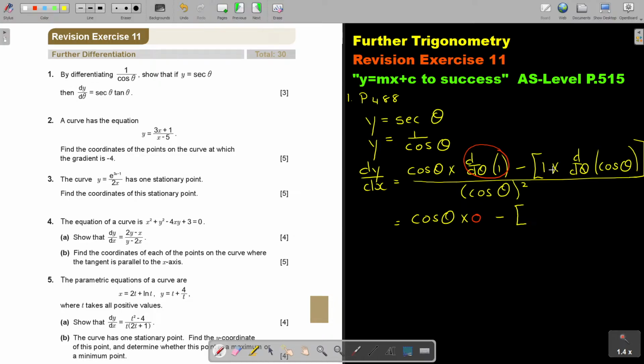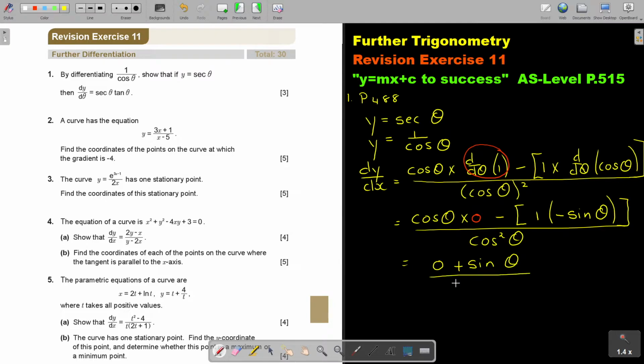Minus the 1, and then cos, if I differentiate that, it's just going to be negative sin theta, over cos squared theta. As soon as you multiply with 0, it's 0. And a negative times a negative is positive sin theta over cos squared theta.